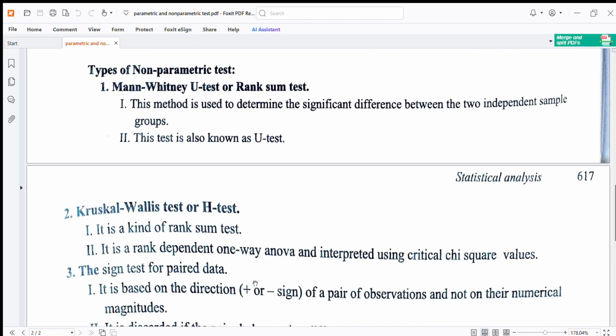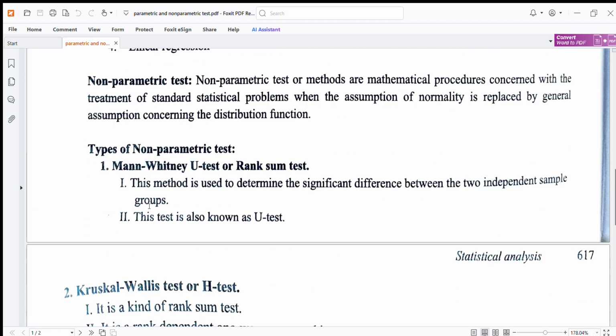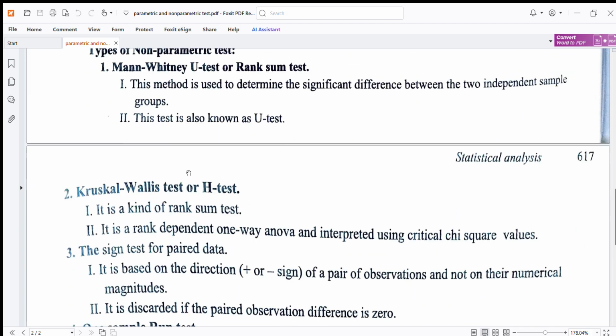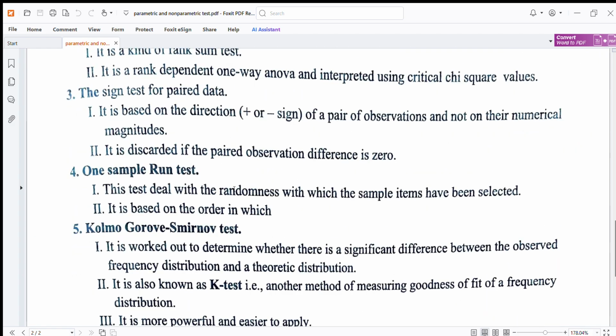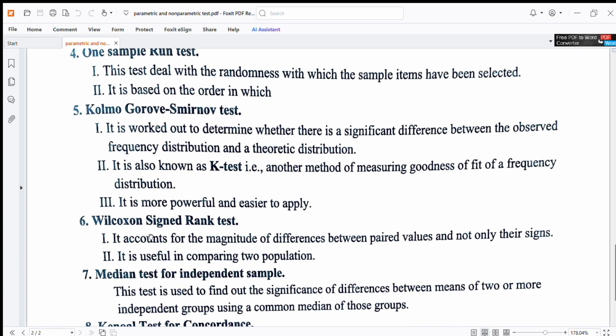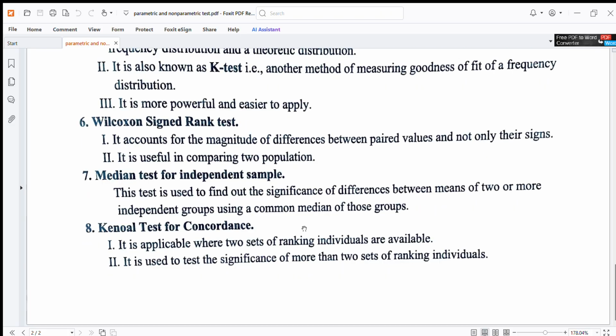So now, parametric tests are ANOVA, student t-test, F-test, and linear regression. Non-parametric tests are Mann-Whitney U test or rank sum test, Kruskal-Wallis test or H test, one-sample run test, K test or Kolmogorov-Smirnov test, Wilcoxon signed rank test, median test for independent samples, or Kendall's test for concordance.